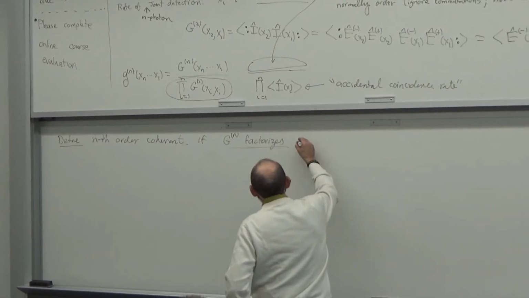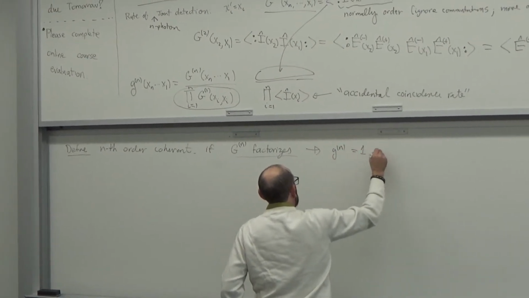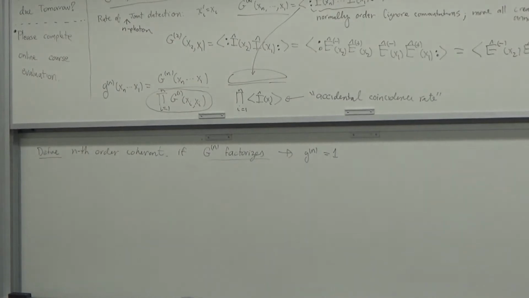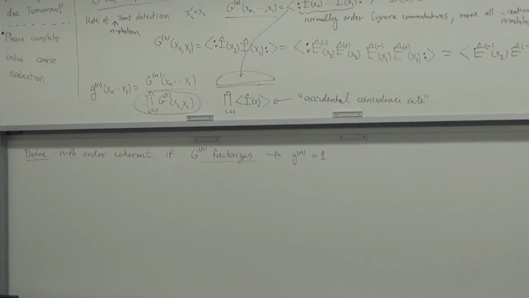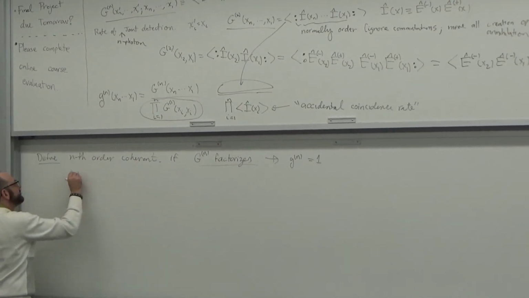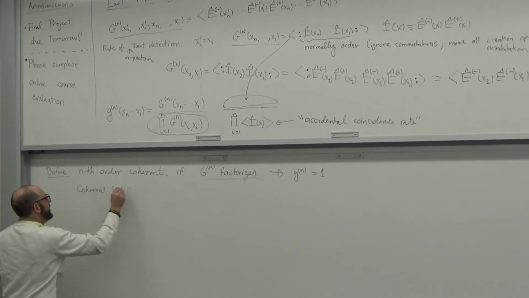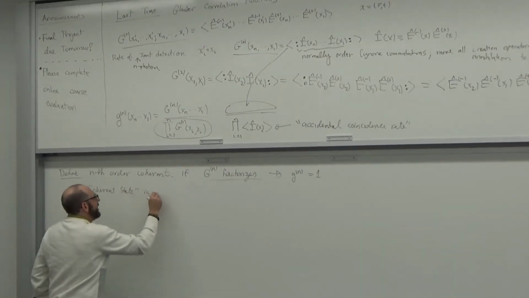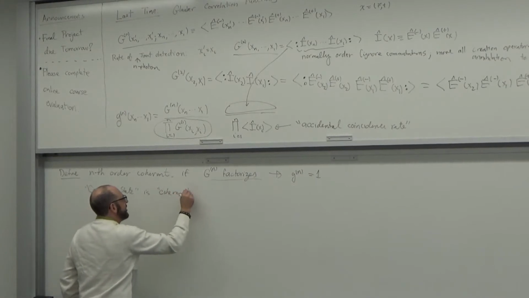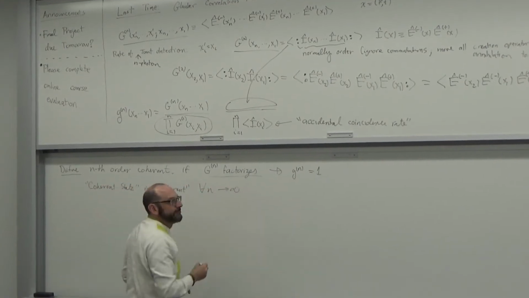And if that's true, then the little g is 1. Okay. And we say it's nth order coherent. A coherent state, which is why he called it this, is coherent by this definition for all n to infinity.